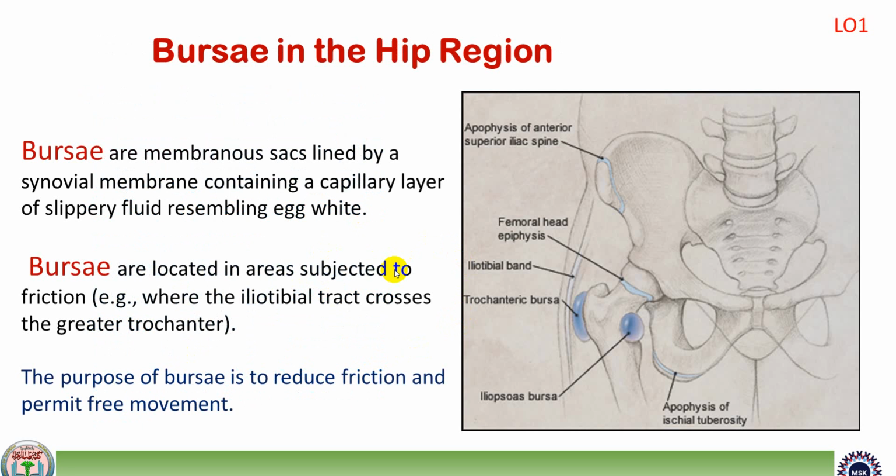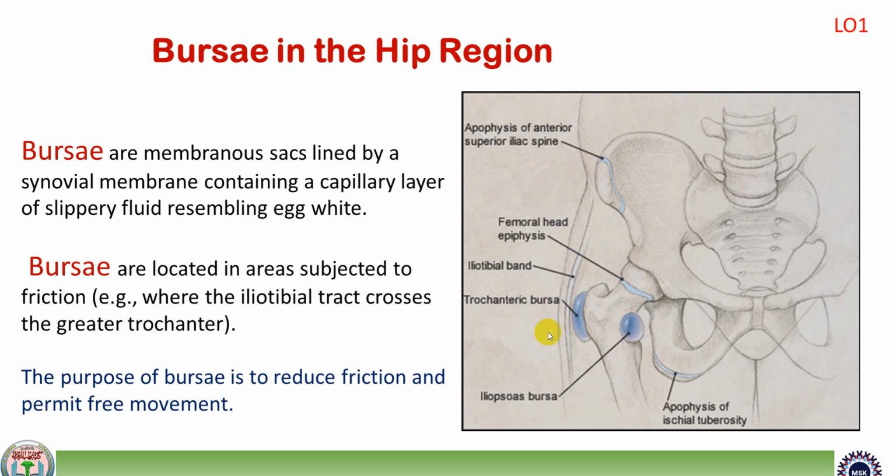We have bursae belonging to the hip joint. A bursa is a membranous sac, this is the definition, lined by synovial membrane and containing a capillary layer of slippery fluid, which is synovial fluid. The bursa contains synovial fluid as the hip joint or any other synovial joint does. Usually a bursa is found in areas where there is friction between two surfaces, whether between bone and ligaments or between bones and muscle and so on.